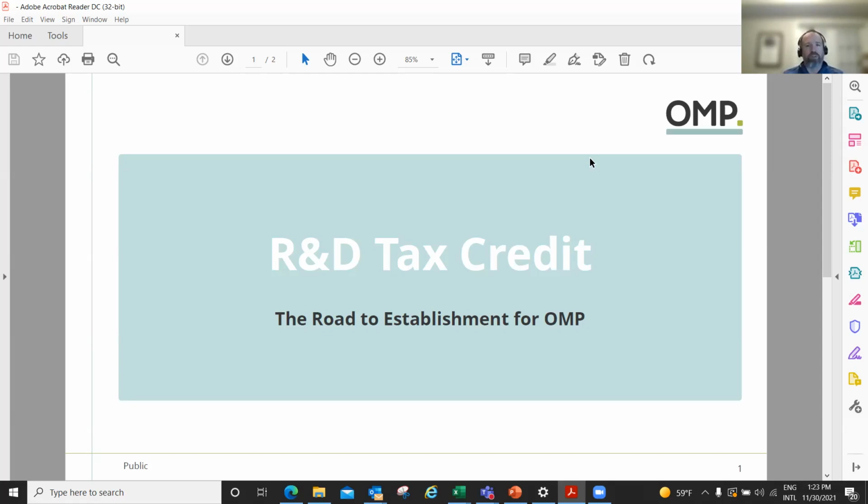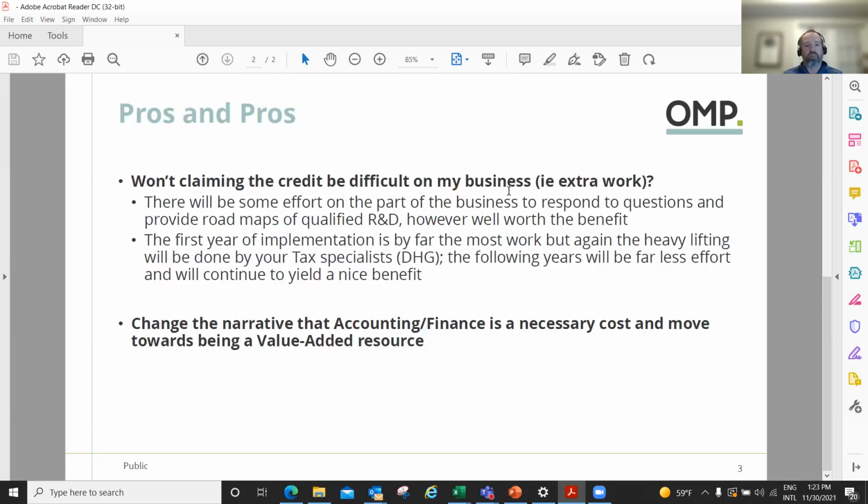I was also familiar with this R&D tax credit from my last role, as we had a similar line of business with supply chain software as the primary product, and I was fairly certain that there would be some sort of opportunity for us here at OMP.